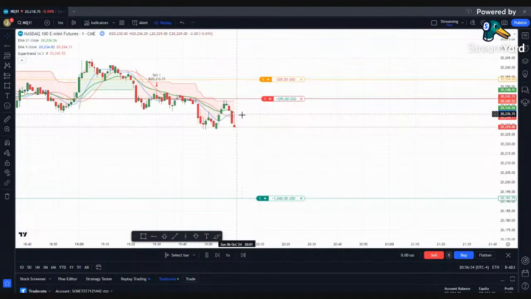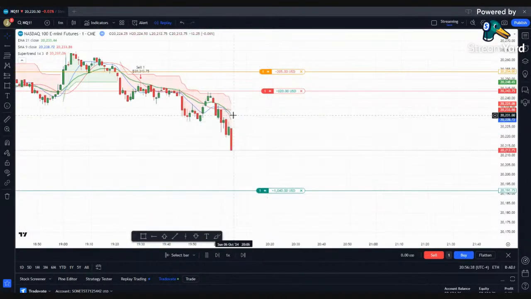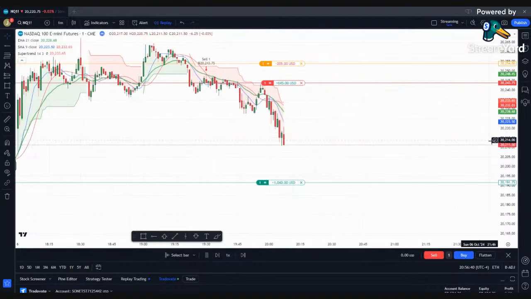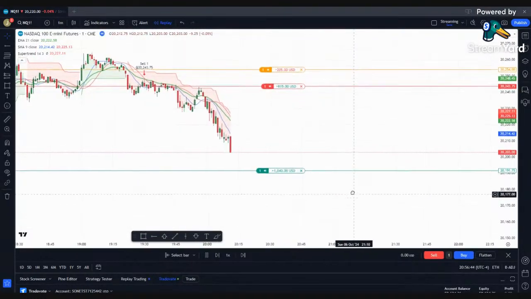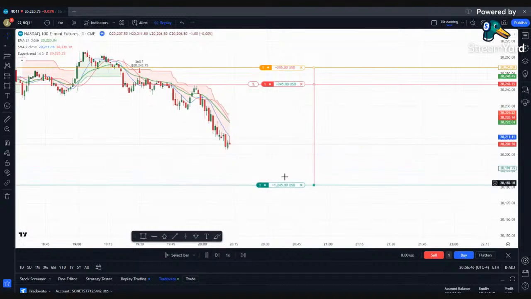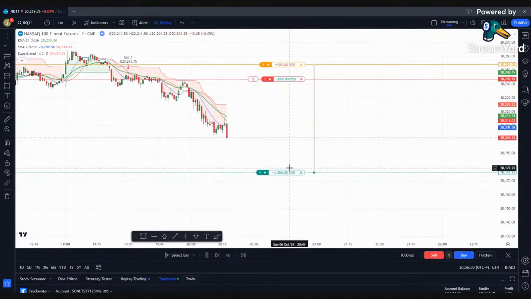That's your option to exit, for example. The option number two, because you are trying to catch the market: by this time the blue line is so far from the green, I will still scale my win.